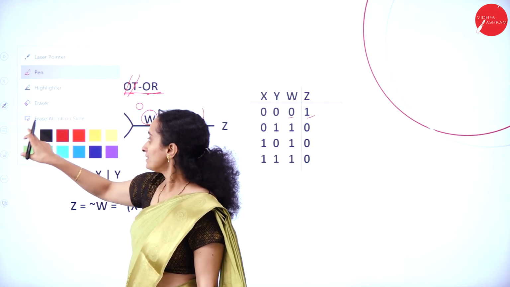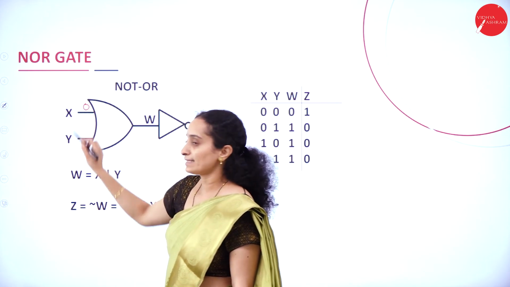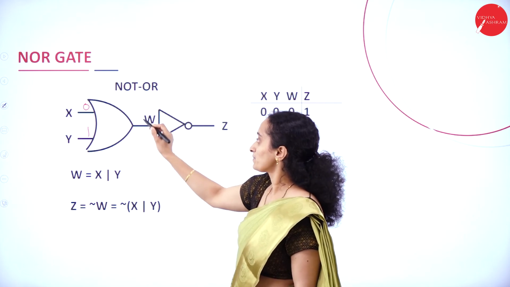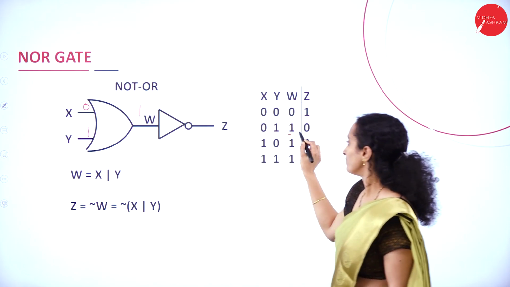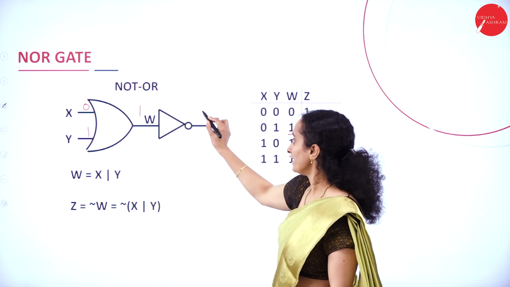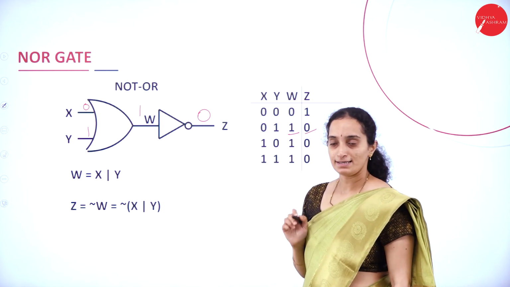Another case is when X is 0 and Y is 1, X plus Y is 1. So W equals 1. When it passes through the NOT gate, it will become 0. The final result is 0.